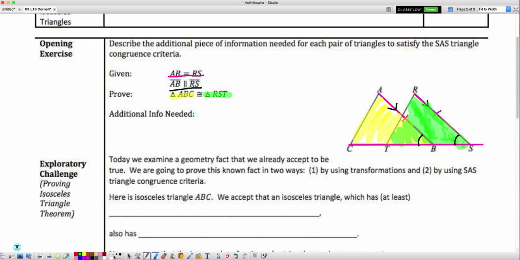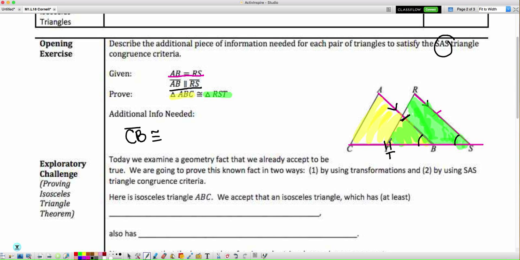So the last part, if I look at my yellow triangle, I have a side labeled right here, and I have the angle, but I would need to know something about this other side, so the two sides that form that angle, because that's what I'm looking for with SAS. So additional information I would need to know is that CB is congruent to another segment on the green triangle.